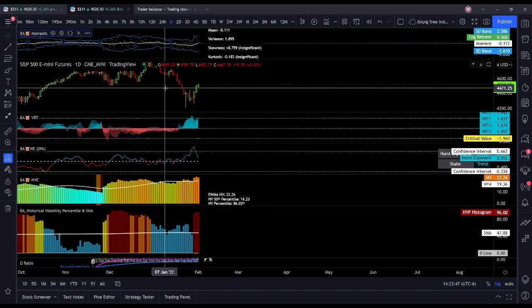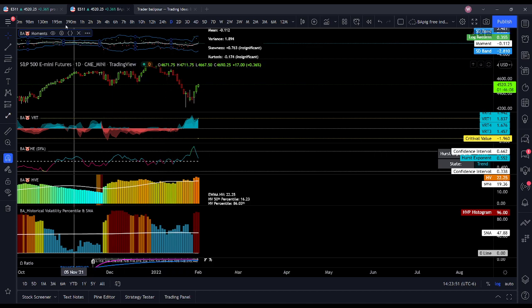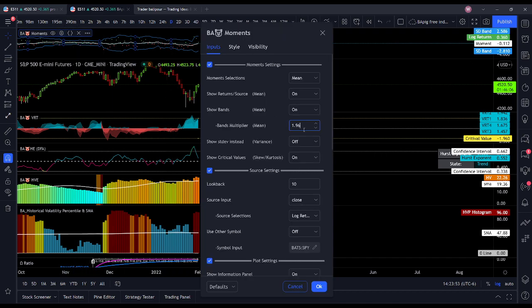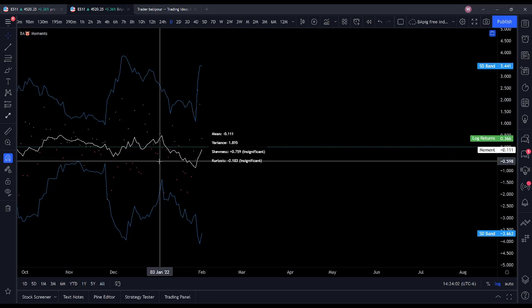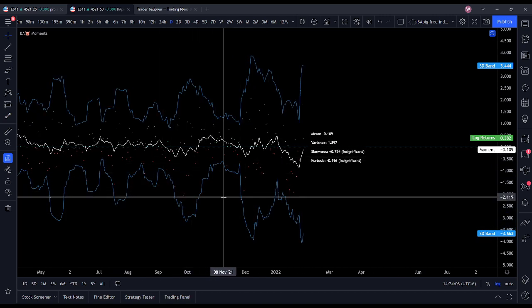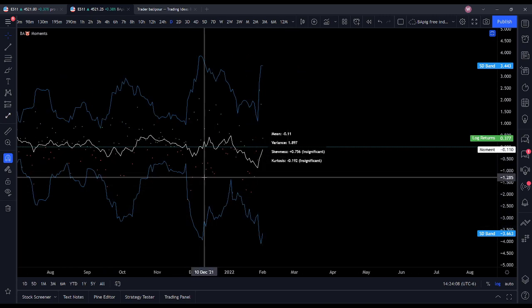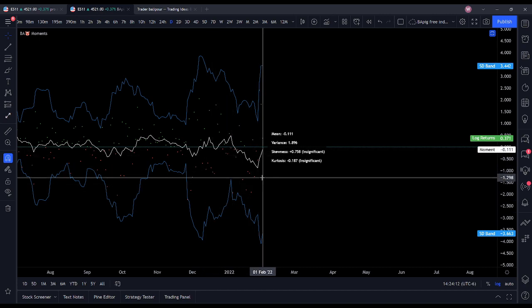I'm seeing how the mean goes negative right here. So then I think roughly only 0.3% of the returns should be outside. So the returns, these are the raw returns, the red dots, and then the mean is the white line.